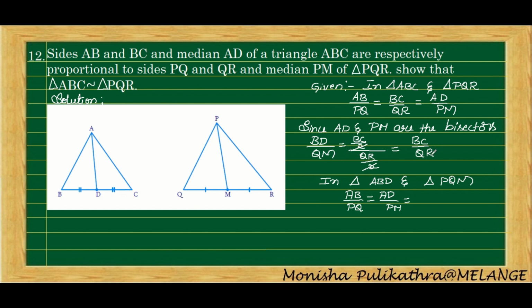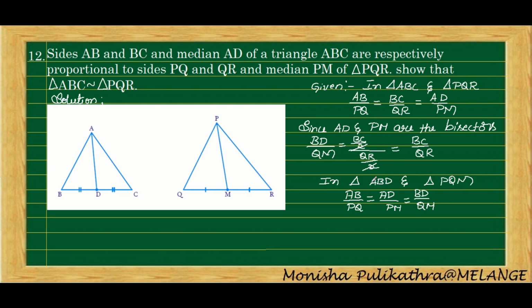BD by QM is equal to BC by QR. So AB by PQ, BC by QR, AD by PM, these three are equal as per the data. But since we have proved BD by QM is also equal to BC by QR, instead of this we can write this ratio here.